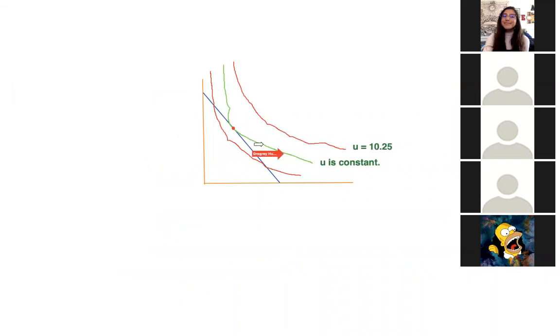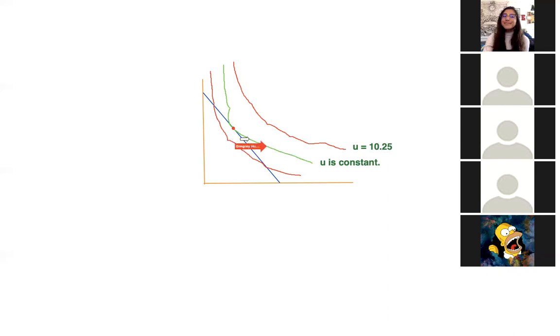All along a given indifference curve, the utility is constant. Remember the horizontal axis down here is X, the commodity X, and the vertical axis is commodity Y. I can change how much X and Y I consume, but if I'm going to stay on one indifference curve, I have to hold U constant.